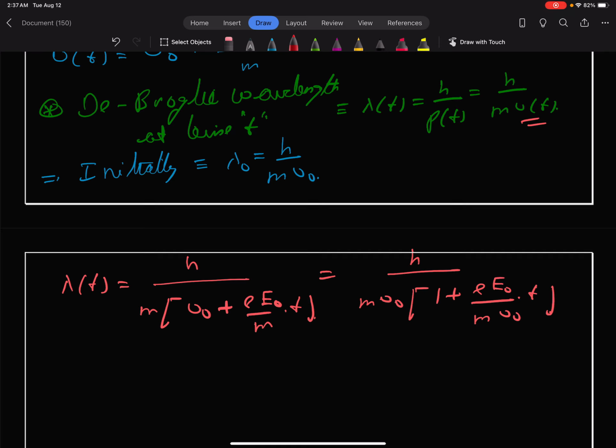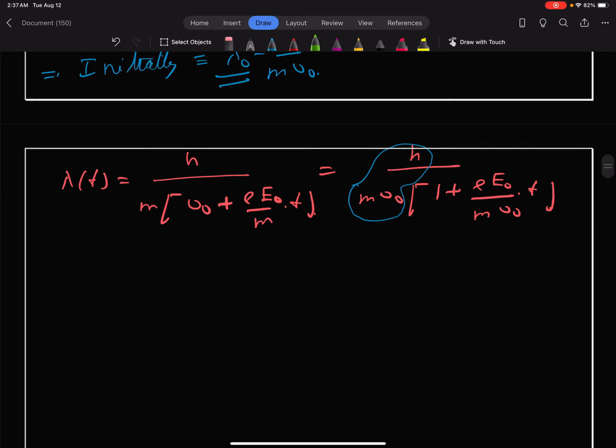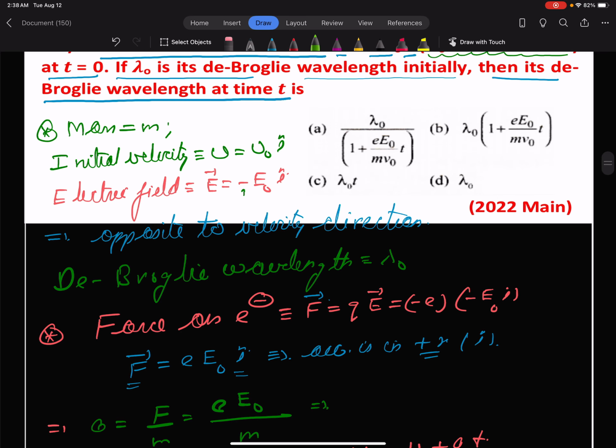And this h upon m v naught is equal to our lambda naught. Therefore we can write that our lambda t will be equal to lambda naught times 1 plus E naught upon m v naught times t. I think, yeah, this will work. So option A is correct.